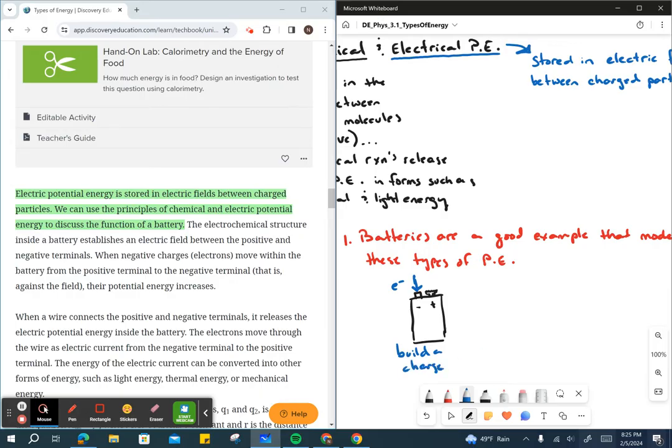And then when it's 100% charged, you can take your battery, positive, negative, and then you can hook a wire to it, right?